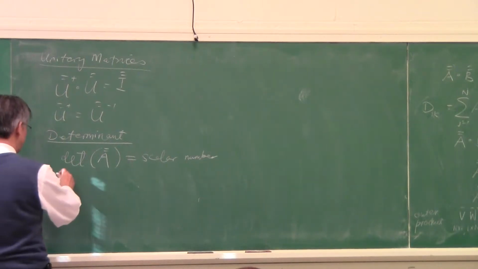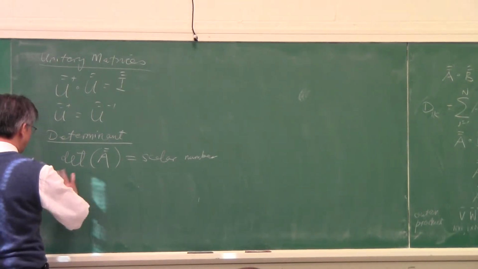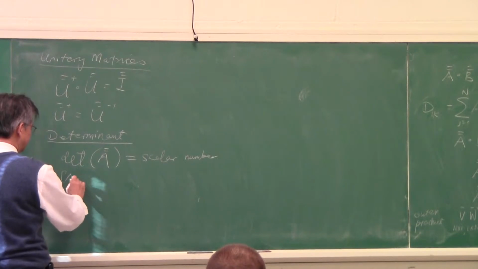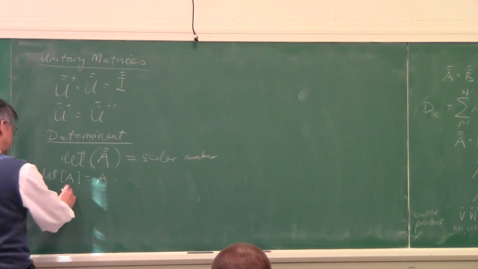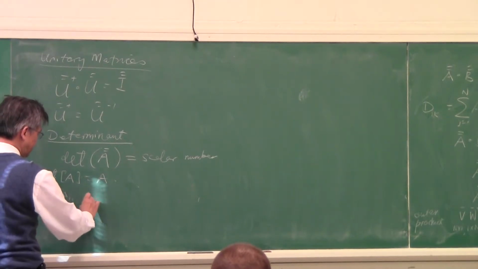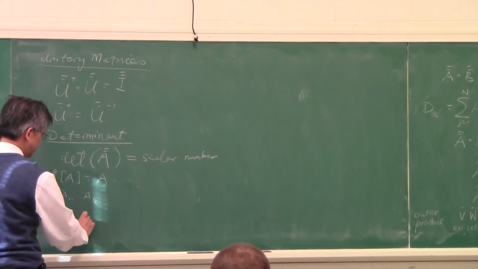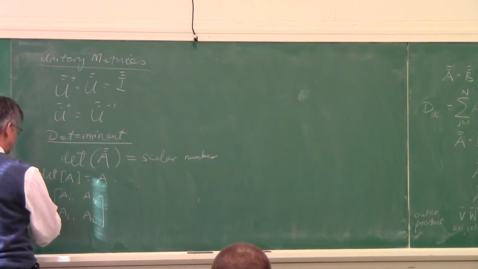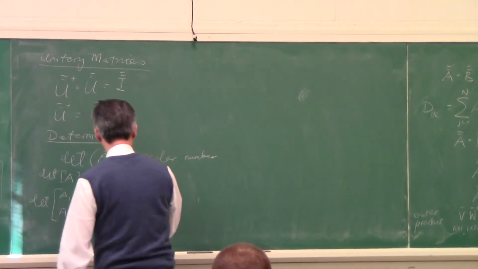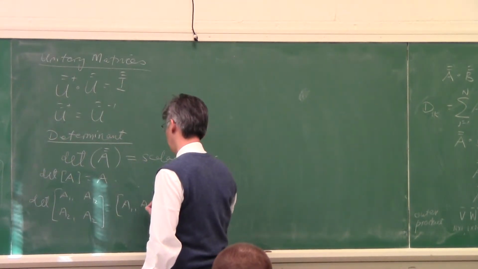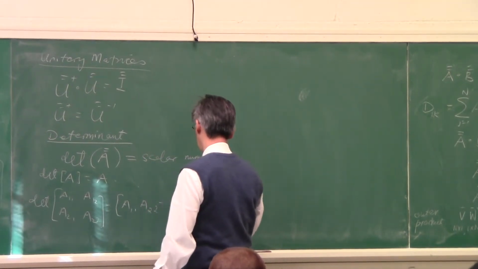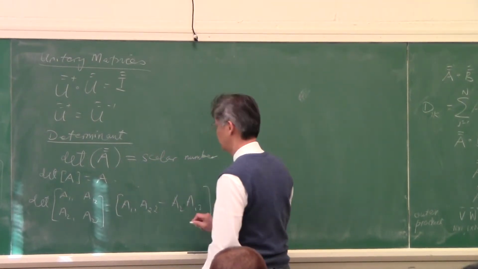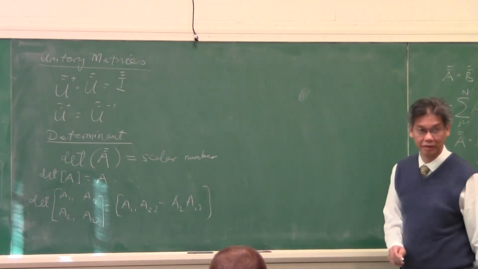If you have a 2 by 2 matrix, it's very easy. A 1 by 1 matrix is very simple: the determinant of a scalar number is itself. If it's 2 by 2, A11, A12, A21, A22, the determinant will be A11 A22 minus A21 A12. That is the determinant of a 2 by 2 matrix.